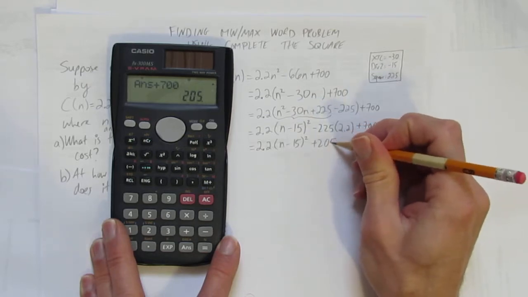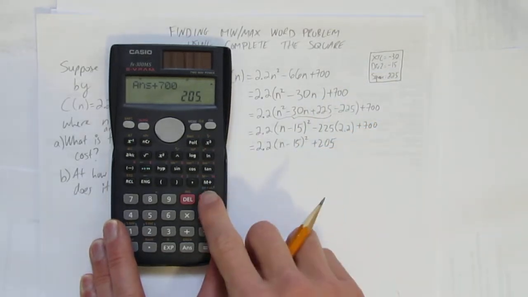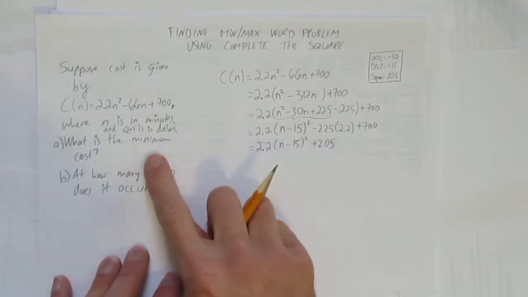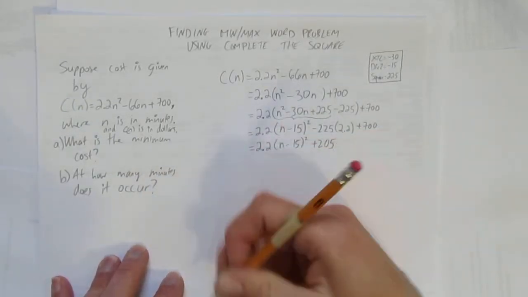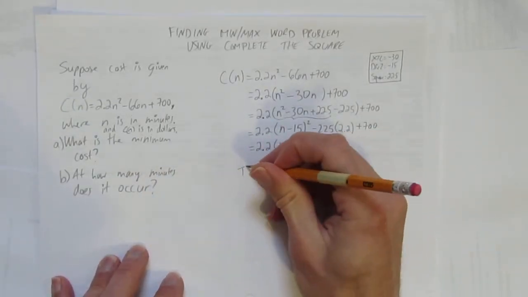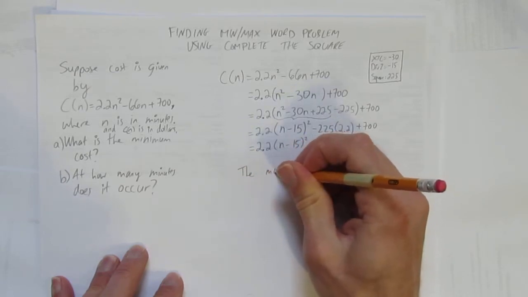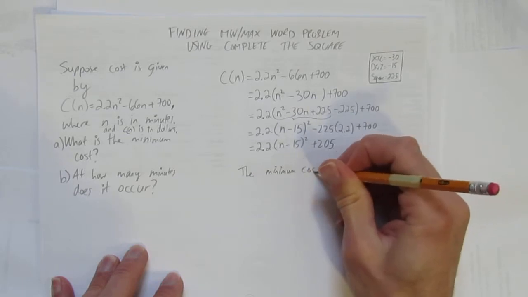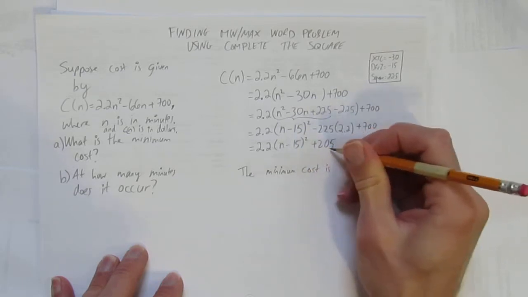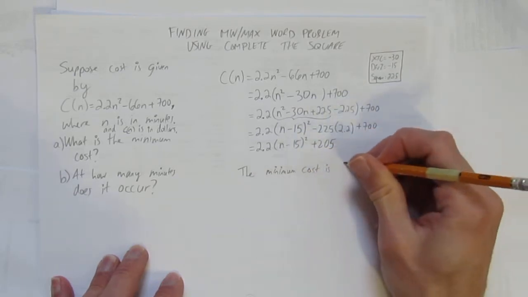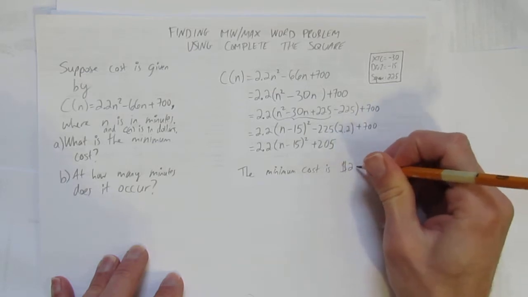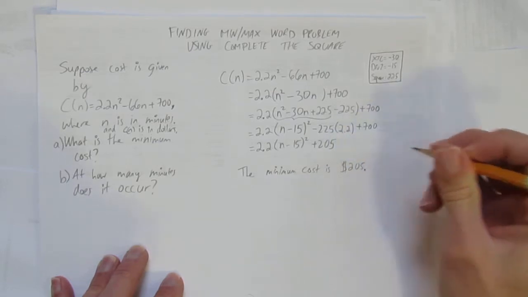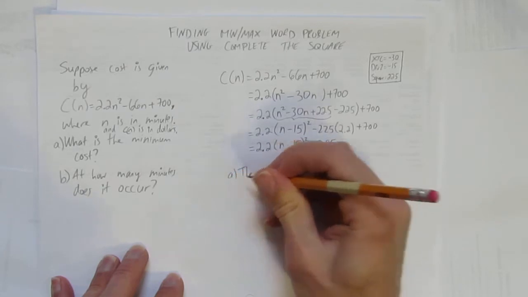We've completed the square. We have the equation in vertex form, which is nice because now we can answer the question. What is the minimum cost? The minimum cost is whatever the vertex y is here, which is 205. So the minimum cost is $205. We can call that the answer for part A.